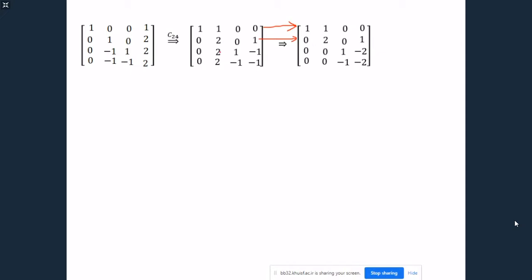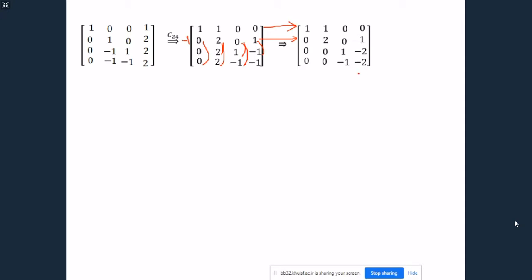And minus 1 multiple minus 1 plus the second row and plus the third row. We find 0, 0, 1, minus 2, and again 0, 0, minus 1, minus 2.